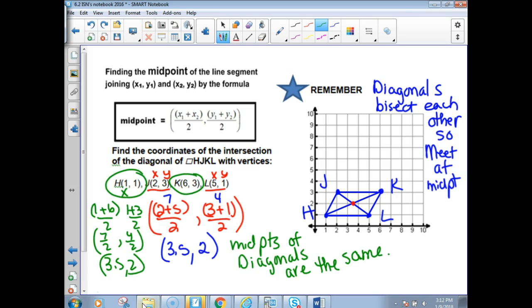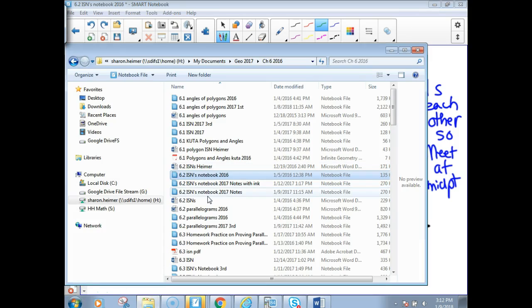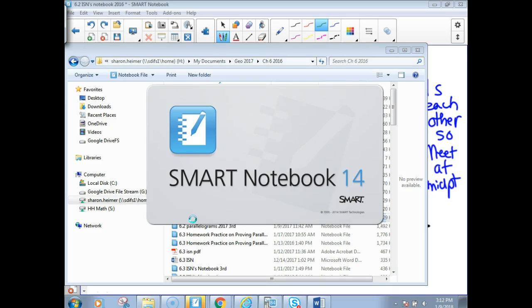Okay, 6-2 notes, not ISN. I need 6. I'll delete that section.